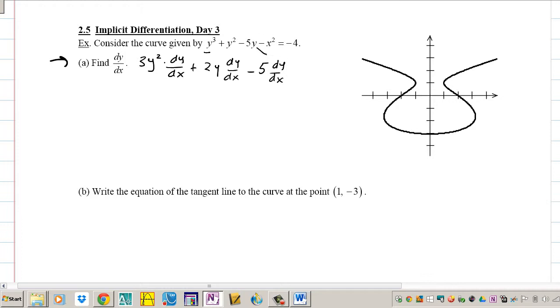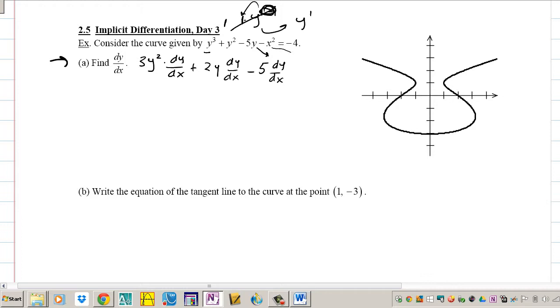Why is the derivative of y just dy/dx? Well, let's see. y to the first, bring the 1 down, minus 1, chain rule, y prime. What is y to the 0 power? Just 1, which leaves you with y prime.